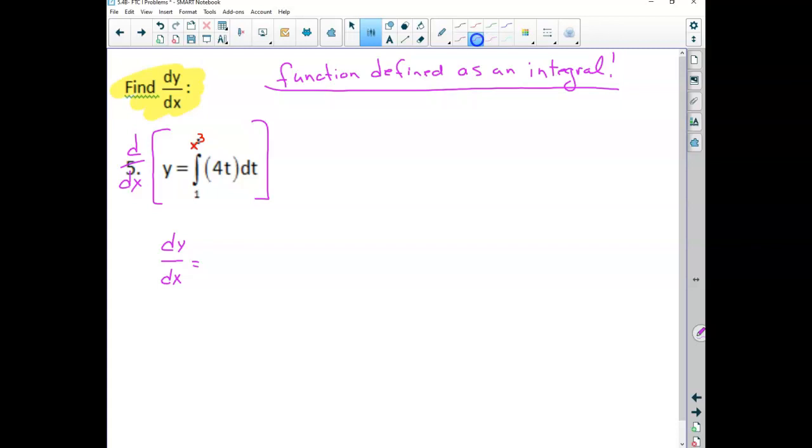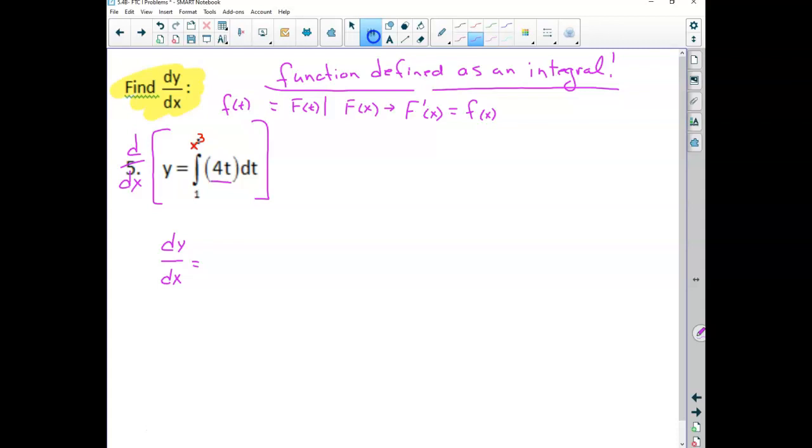So that's little f. Now remember, that's little f of t in there. When I integrate that, I get big F of t, and then I evaluate it, and that gives me big F with x in it. And then I differentiate it, and I get little f. So big F prime of x actually equals little f with x in it.